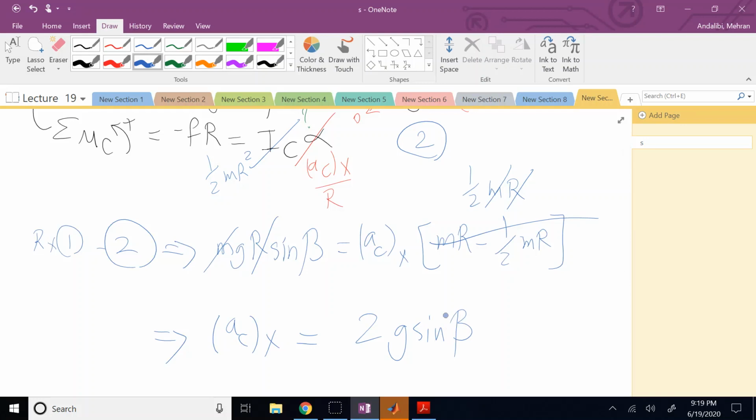Okay, so this is the acceleration of the centroid, 2g sine beta.